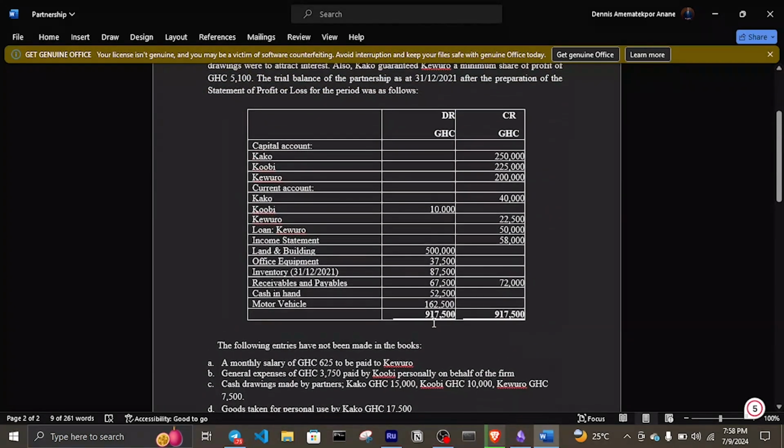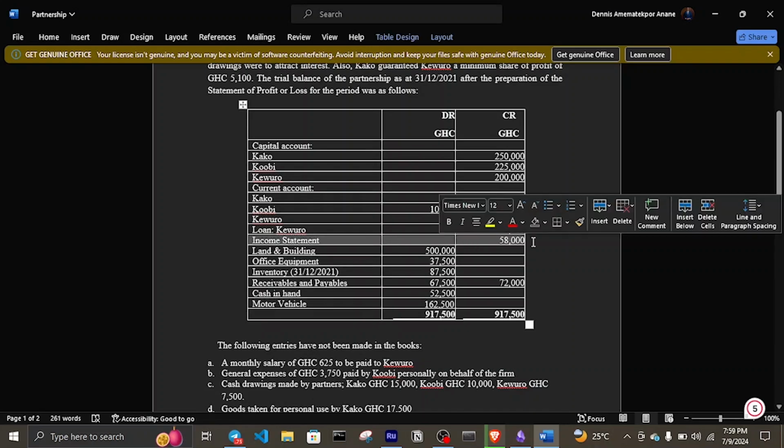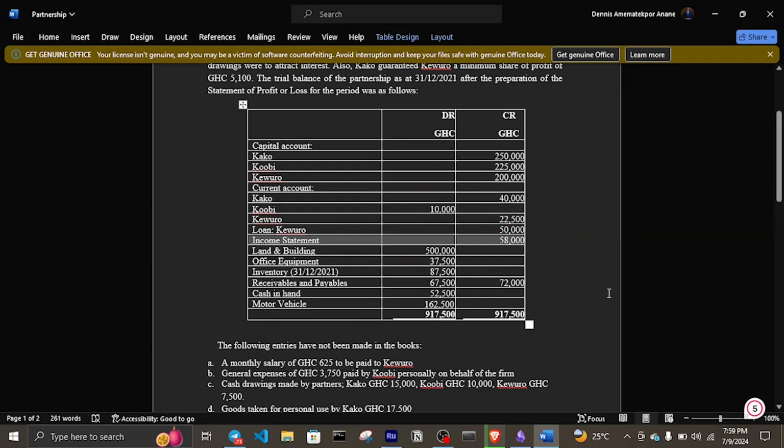To know the profit that a business has made, you must check the business's income statement. So their income statement will contain the profit that the business has made. So if you look from the table, the income statement has the profit or the balance 58,000 Ghana cedis. So this is the profit that was made before.